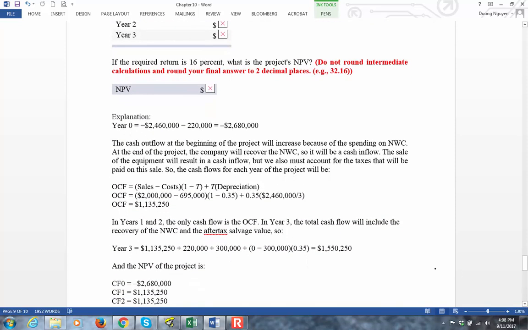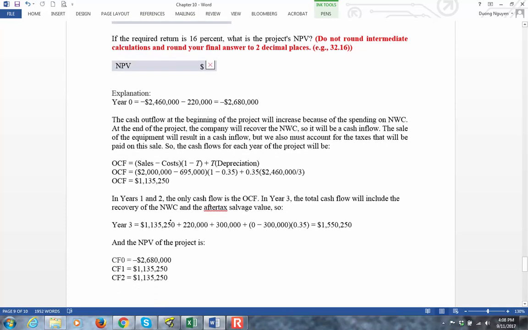Then you calculate OCF using the same formula we had before: sales $2 million minus cost $695,000, times (1 minus tax), which is 35%, plus 0.35 times depreciation, which is $2,460,000 over 3.